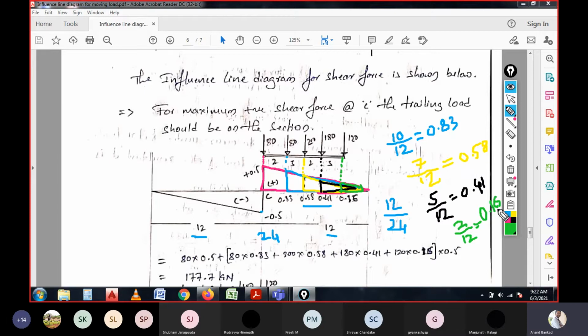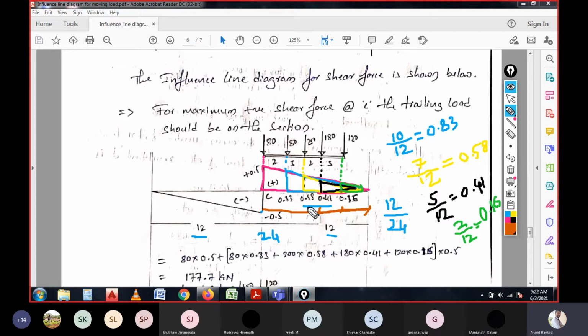So that means we need to have the distance from the end. If you consider the end of the section from the support to the section where you are pointing out, this is the support condition. If you want to consider this section, you need to consider the support from this one, not only the particular support.